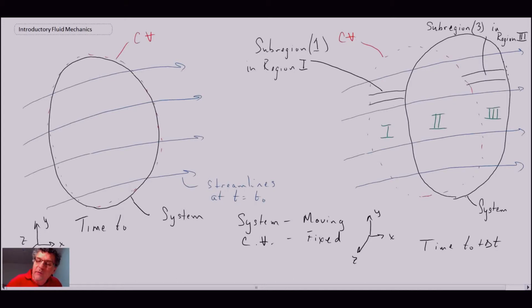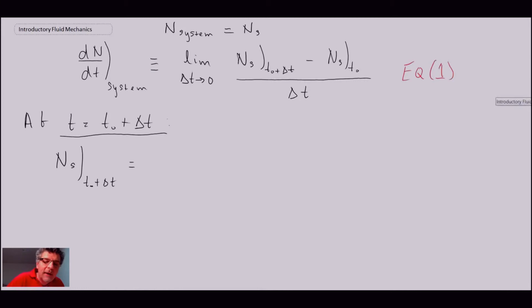Consequently, we can write that as our extensive property, capital N. So it's what is in region 2 plus what is in region 3 at time t0 plus delta t.